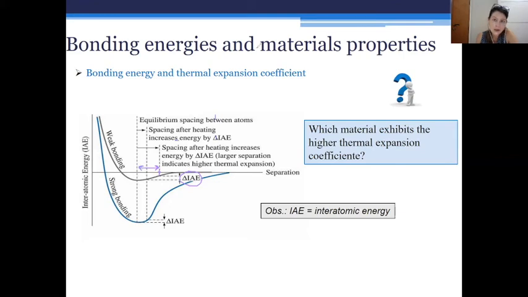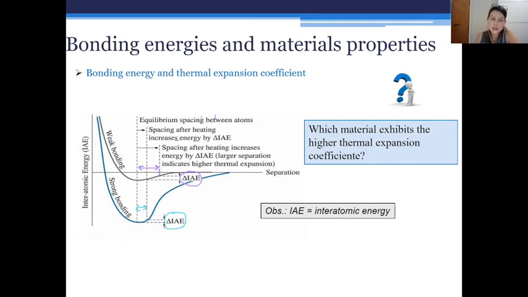Now, if I do the same for the material represented in blue, I give the same amount of energy to it, and I observe only an increase of interatomic distance corresponding to this distance.